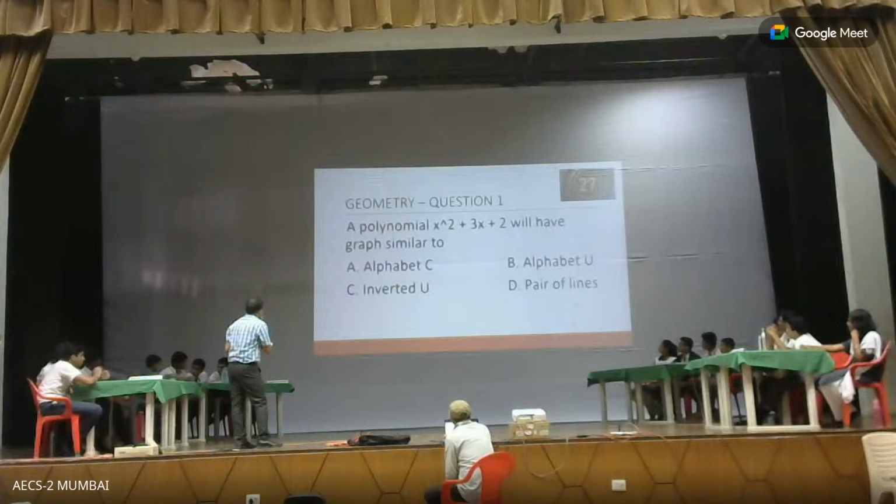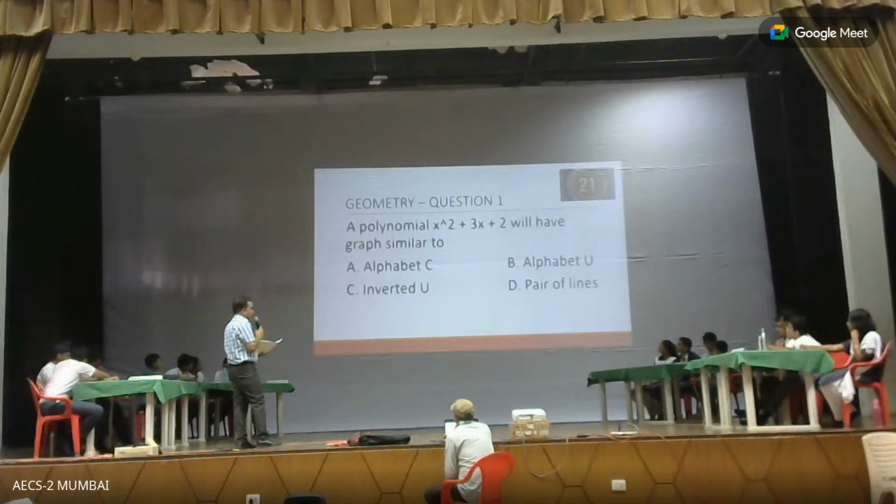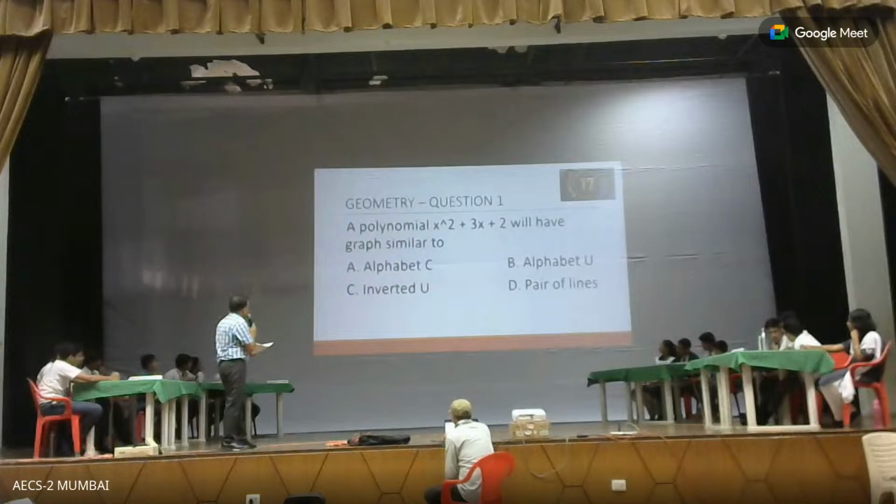Polynomial x square plus 3x plus 2 will have a graph similar to which of the following? Alphabet C, alphabet U, inverted U, or pair of lines.